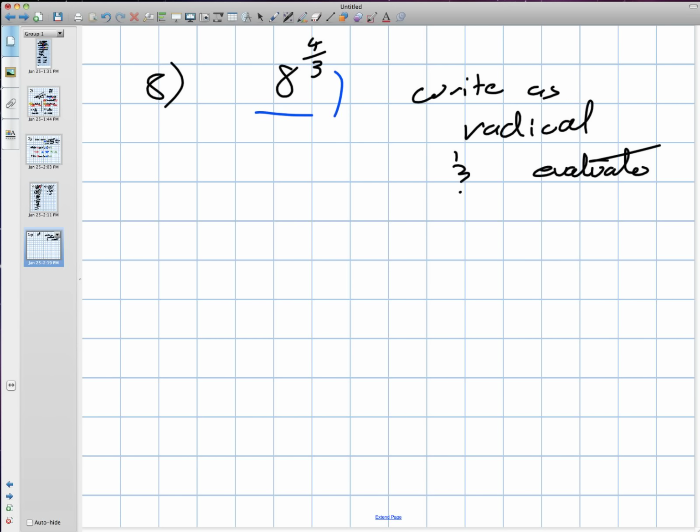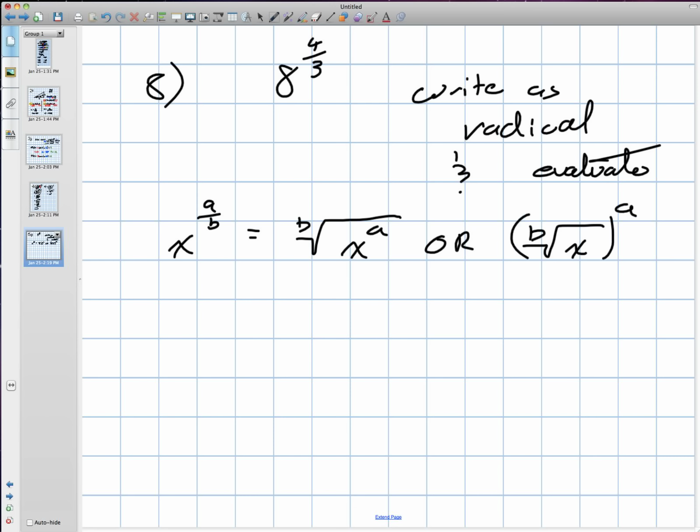Now, this is a power where the exponent is a fraction. So what we need to remember is the equivalent rule. Say we have x to the power of a over b. It's equal to the b-th root of x to the power of a, or you can represent it as the b-th root of x, then to the power of a.